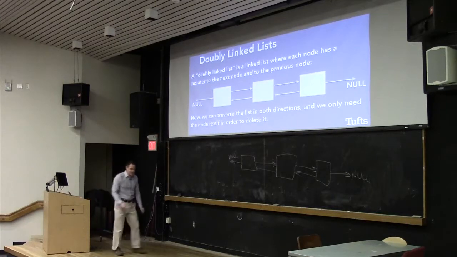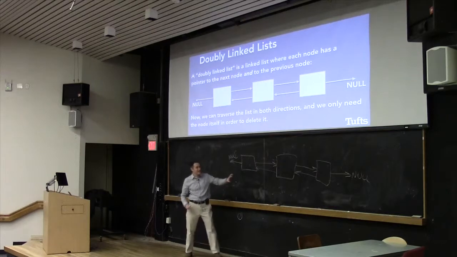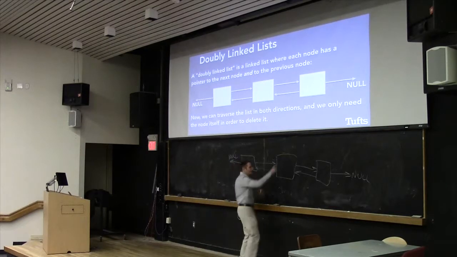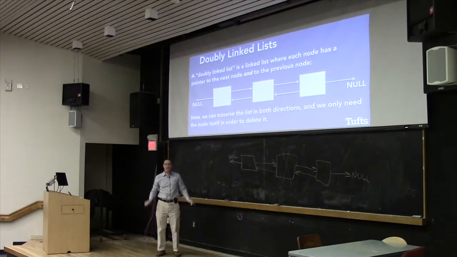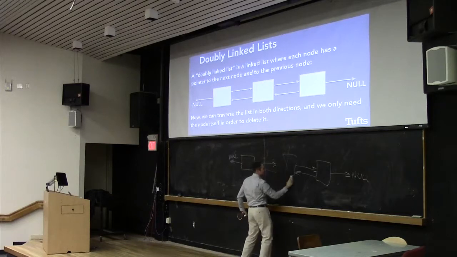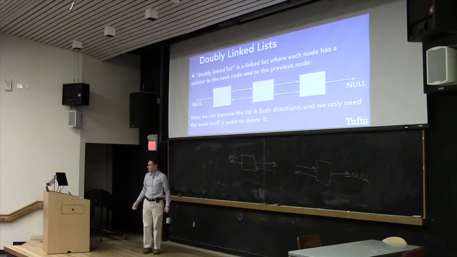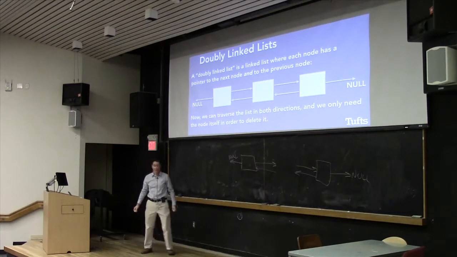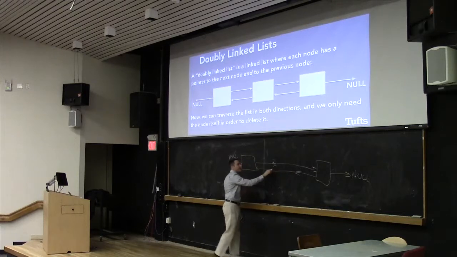Okay, so for instance, if I want to delete this node, like this one's going away, right? If I want to get rid of that node, it's going to be gone. In fact, let me just erase it, right? It's going to be gone. All right. What do we have to do to the other nodes now? We have to connect them up to the proper place, right? So we need to make sure that this one goes all the way down to there, and this one goes all the way back to there, right?